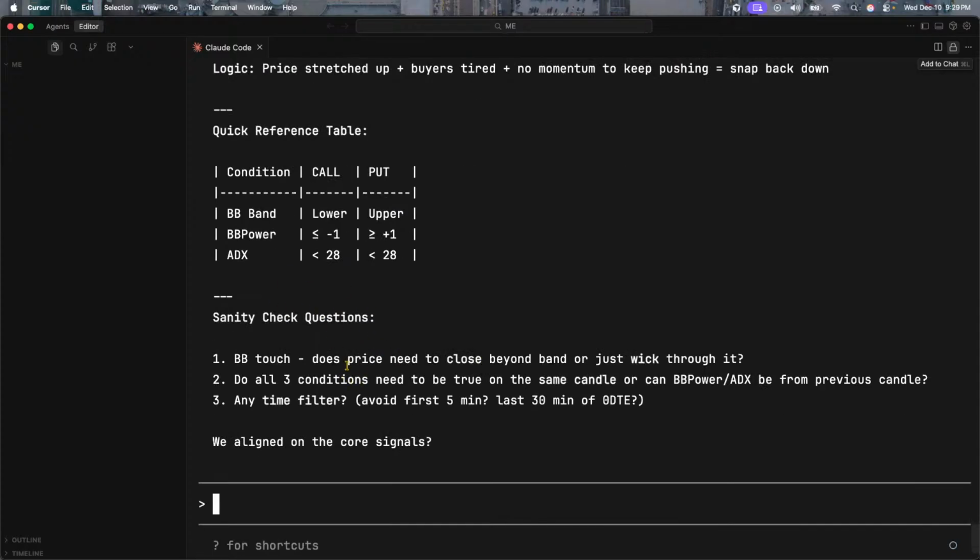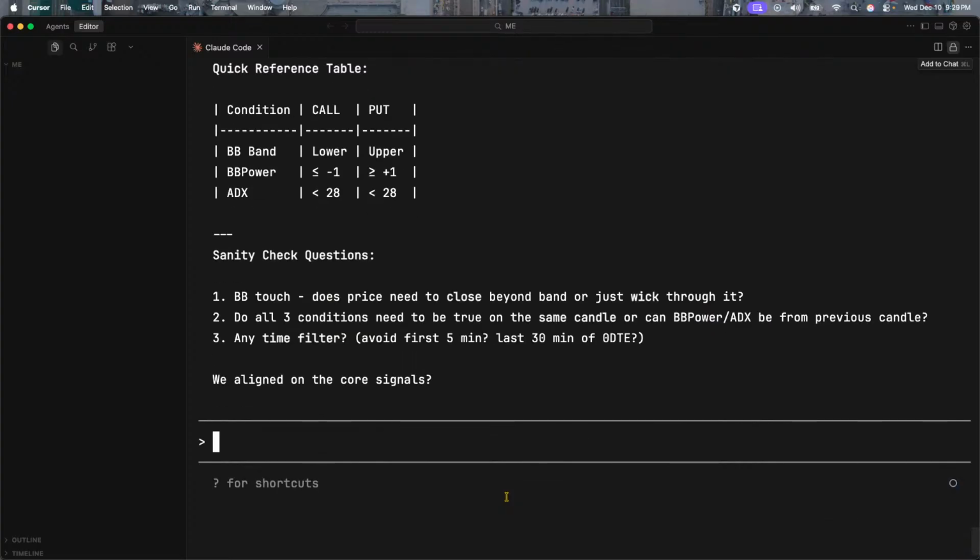Security questions. BB touches: does price need to close beyond the band or just the wick through? So we are thinking wick through. Does that make sense? For this too, do all three conditions need to be true on the same candle, or can BB and ADX be from previous candles?